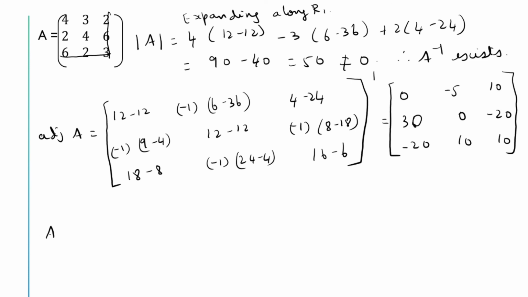Now A inverse is nothing but 1 by determinant of A into adjoint of A. The determinant of A is 50, so it is 1 by 50 into the adjoint of A, the matrix which we have got just now.